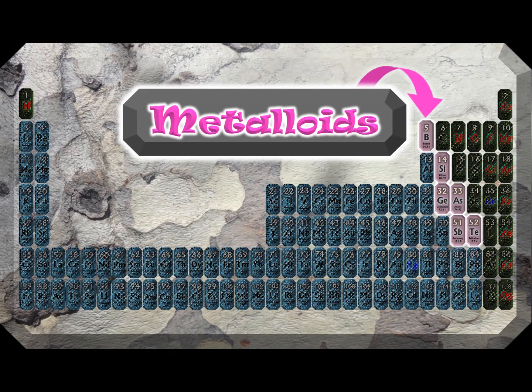A very, very select few elements are right on the boundary and they are called metalloids or semiconductors. They're not easily classifiable as metals or nonmetals. Some of their properties depend on temperature. You could think of them as having about half the properties that metals have.